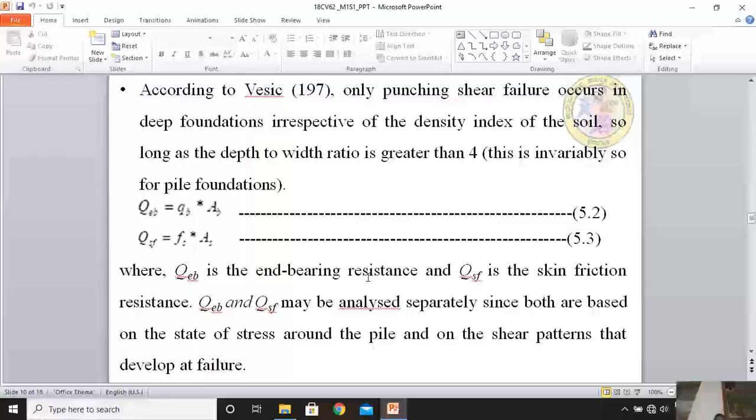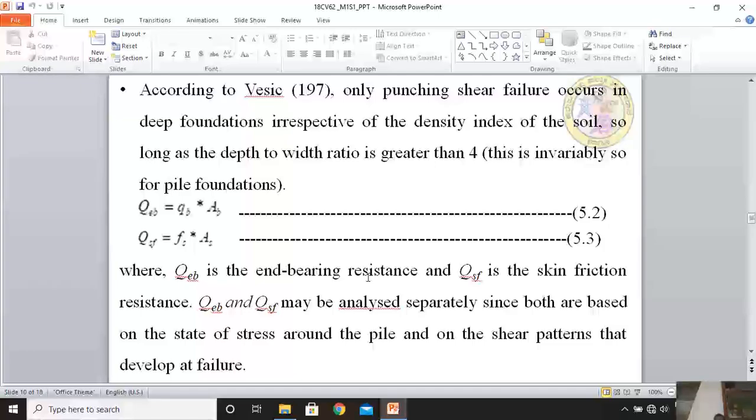So long as the depth to width ratio is greater than 4, the equation is given by QEB equal to QB into AB, and QSF is based on the skin friction: QSF equal to Fs into As, where QEB is the end bearing resistance and QSF is the skin friction resistance.